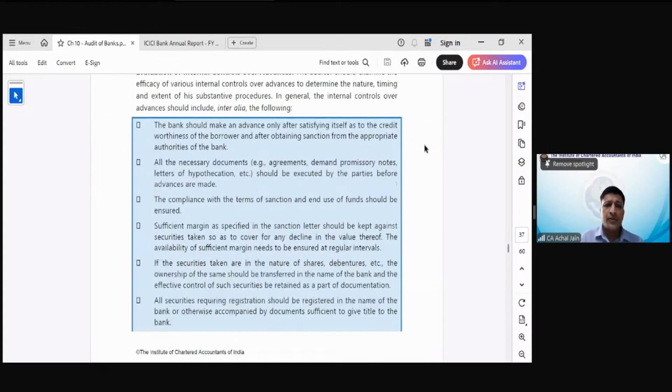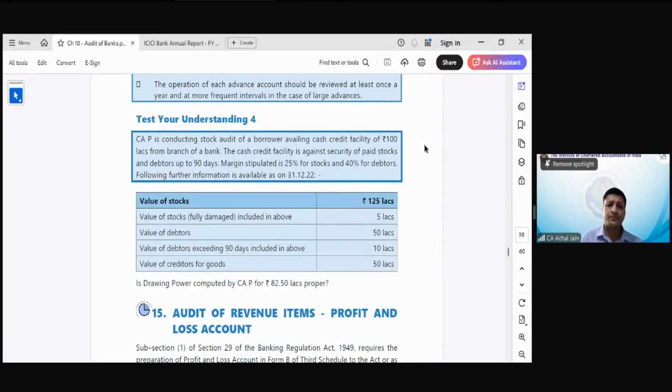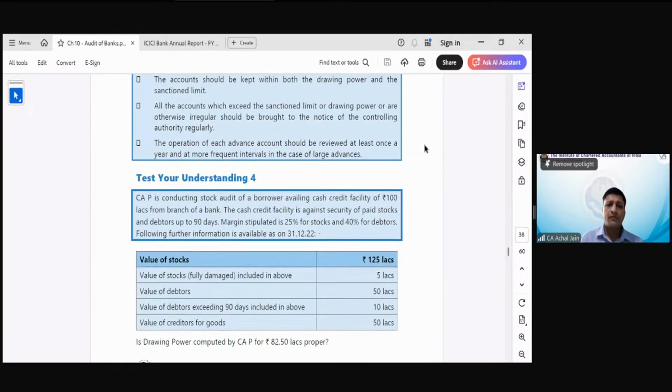Now there is an example in your study material itself. If you can just go to that example. Yeah, so this one. Now in this case, a CA is conducting a stock audit of a borrower.